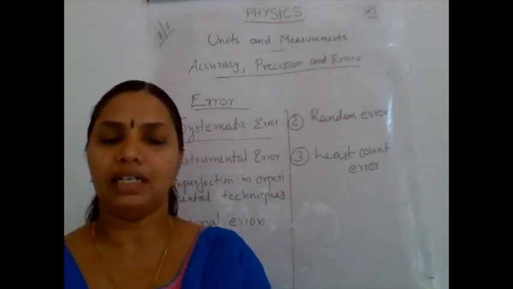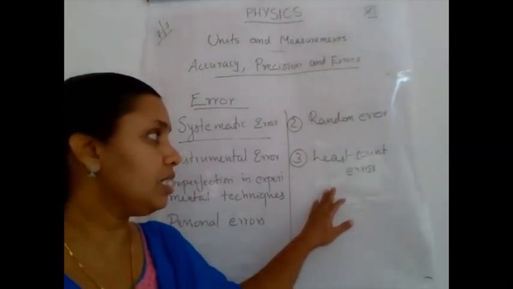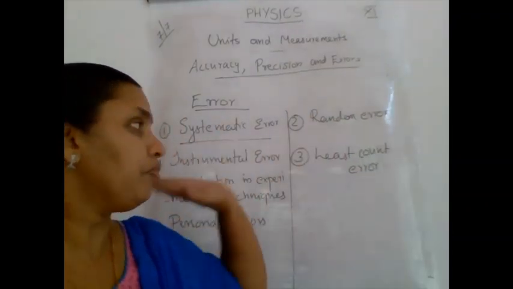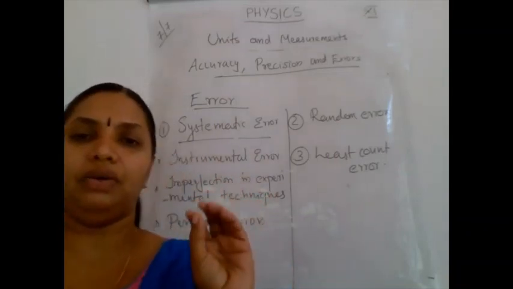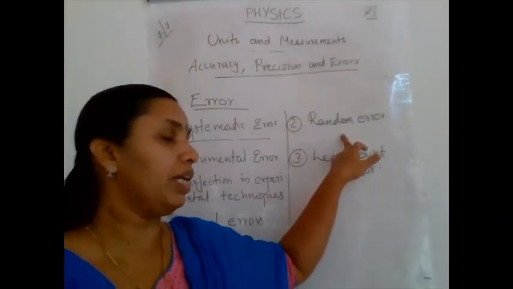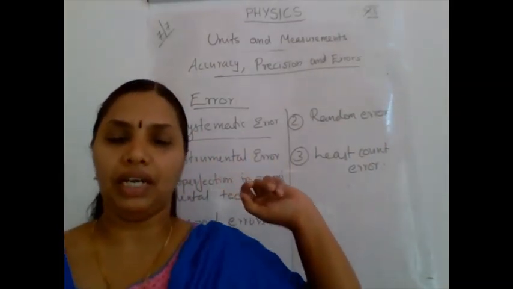So this least count error comes under both random error and systematic error. In random error, it is in a single way only, a small scale, but it is also a systematic error. So how can we rectify all these things?